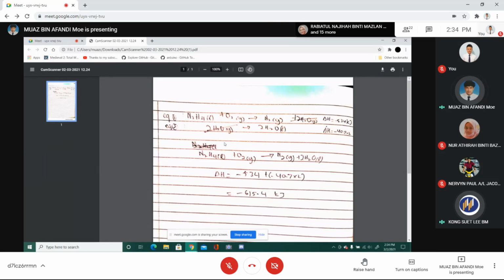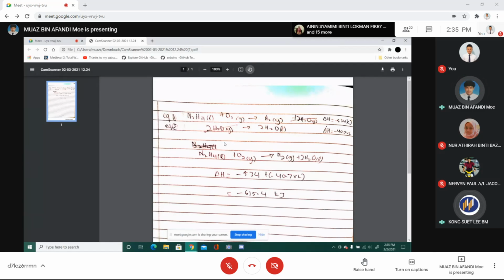Dia bagi N2H4 liquid tambah O2 gas jadi N2 gas tambah dengan 2H2O gas. Tapi yang dia nak ni jadi steam bukannya gas.